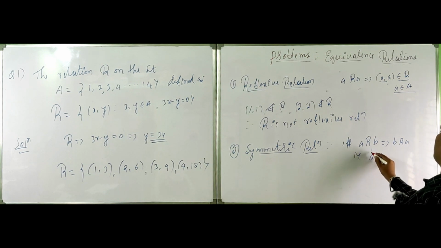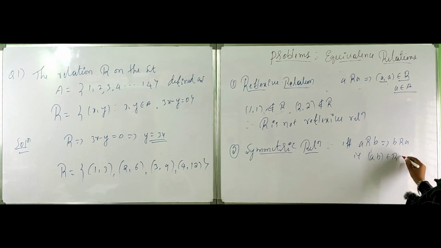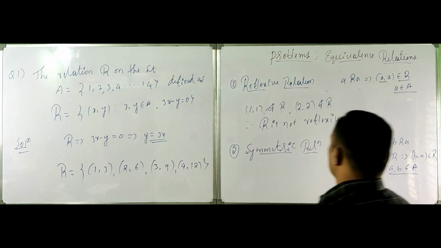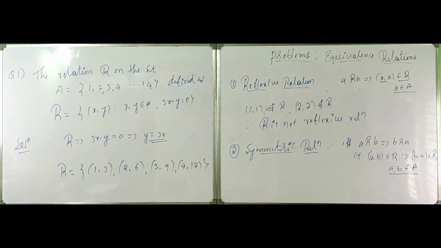If (a, b) belongs to R, it implies (b, a) must belong to R, where a and b belong to A. This is the condition, so take any example here.